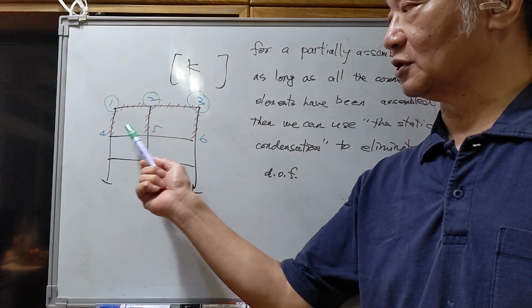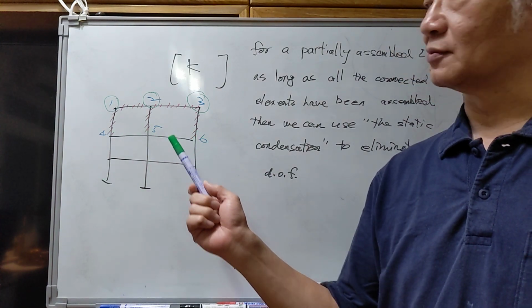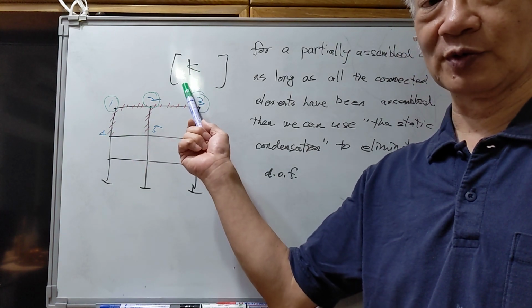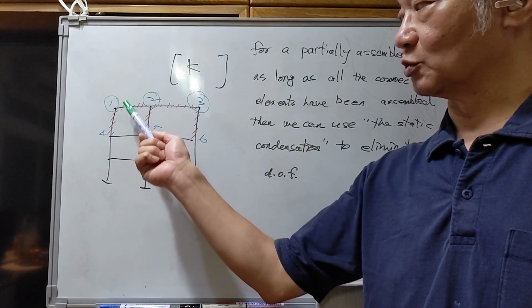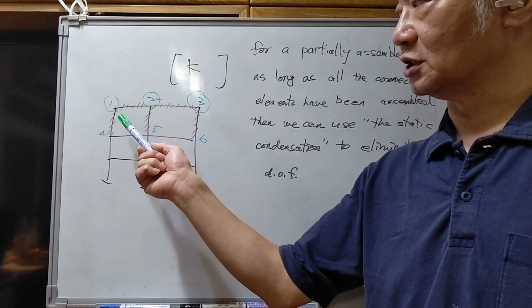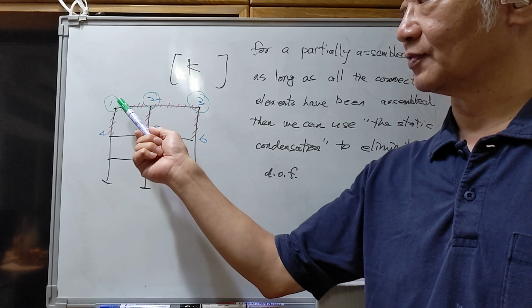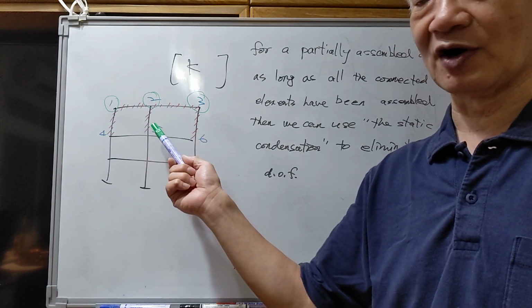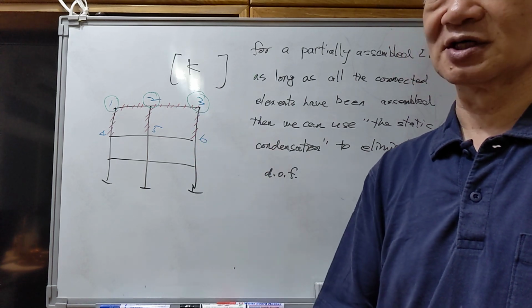But for nodal points 4, 5, and 6, we need to keep them in the global K matrix, since we need to assemble the 3 column elements. So we need the nodal degrees of freedom for both node 1 and node 4, node 2 and node 5, node 3 and node 6.